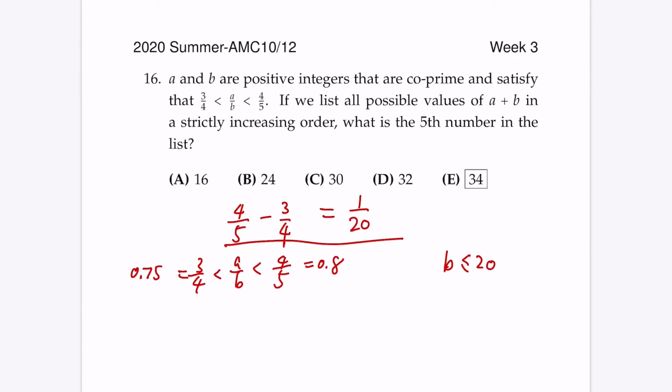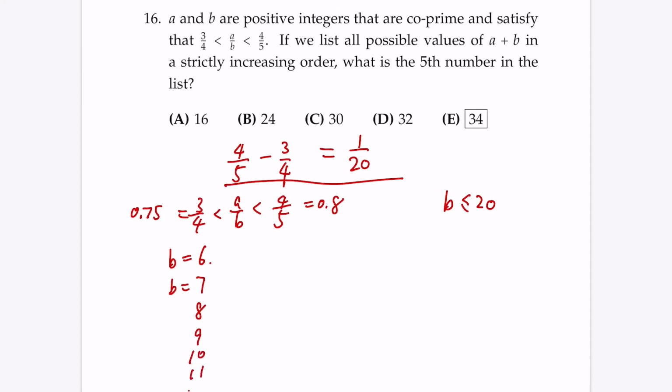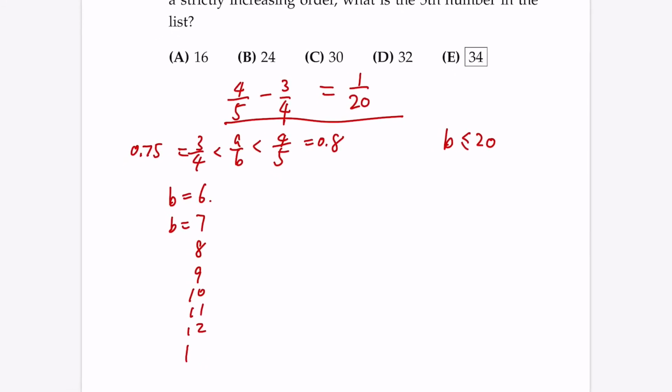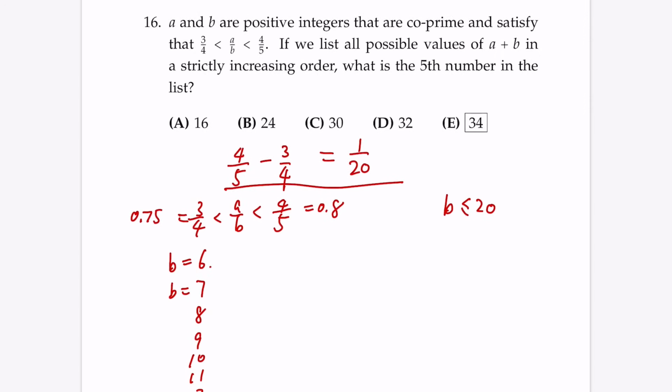So let's first try if B equals 6 is at all possible. Then we try B equals 7, 8, 9, 10, 11, 12, 13, 14, 15, 16, 17, 18, 19, everything before 20.